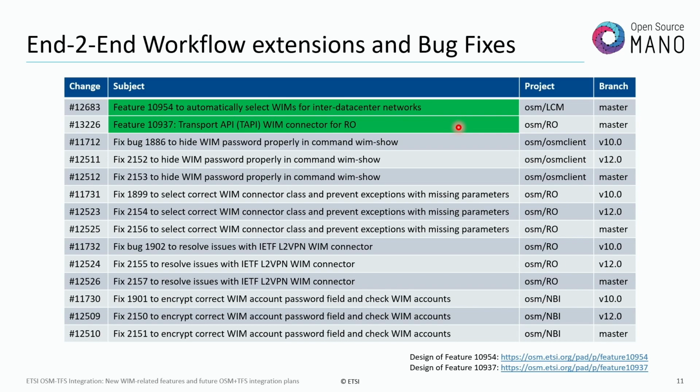So the idea is that with this new feature, when you need to configure some transport network, you can do it quickly and without going into the details. You can use just abstractions of the network. And these are mainly features that we had to address at some point in order to bridge the gap between TeraFlow and OSM.